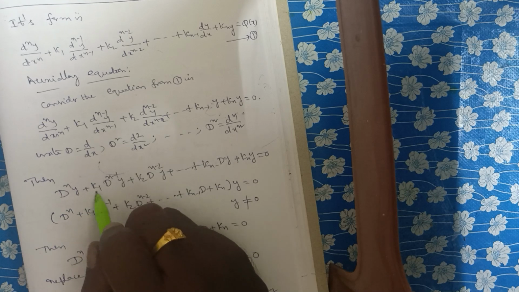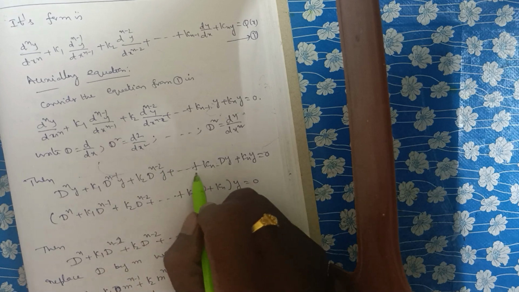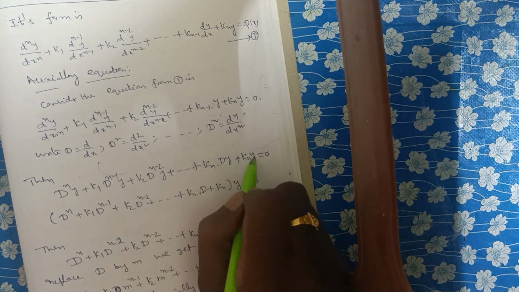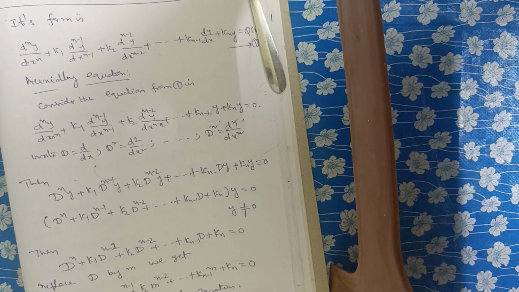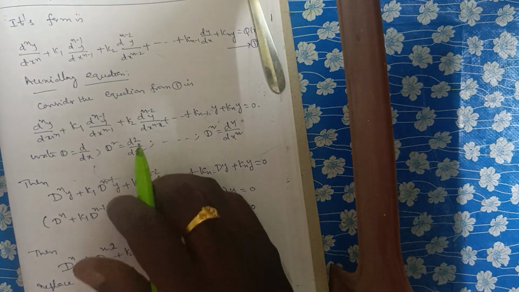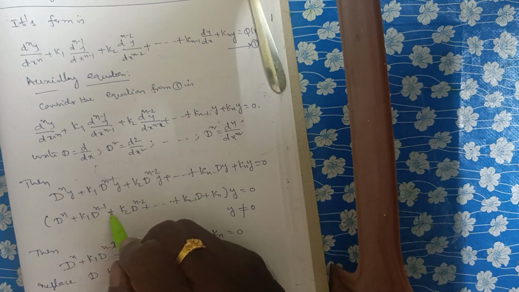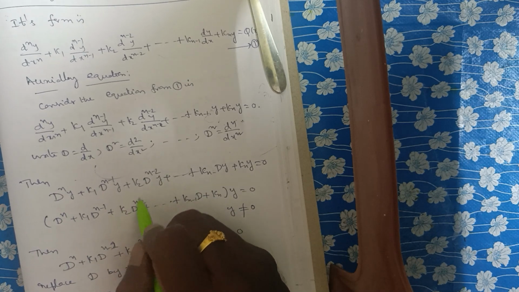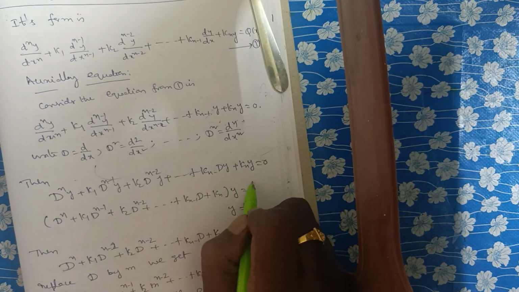Then we have D^n y + k1 D^(n-1) y + k2 D^(n-2) y + ... + k(n-1) D y + kn y = 0. Taking y common, (D^n + k1 D^(n-1) + k2 D^(n-2) + ... + k(n-1) D + kn) y = 0.